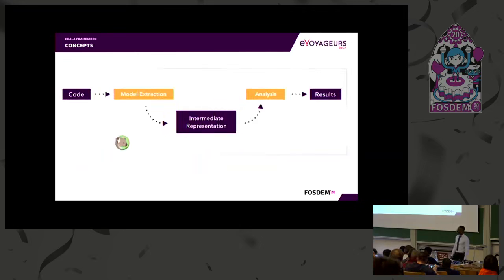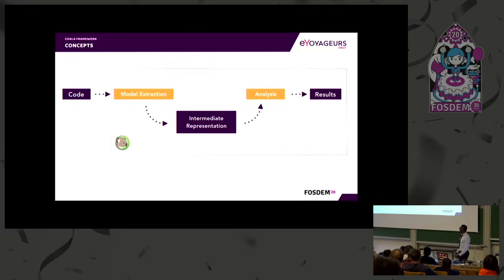Let's have a closer look. That's the typical constitution of a static analysis tool. We start by using the code as data, and you have some model extraction to just get data from the code.